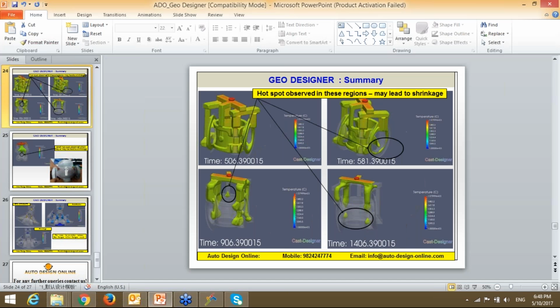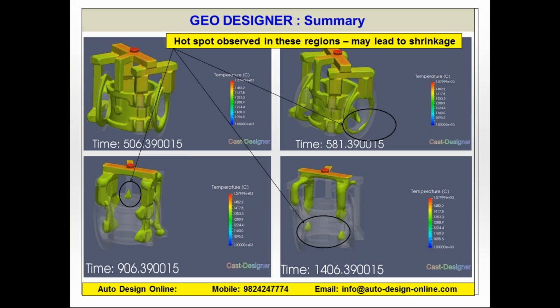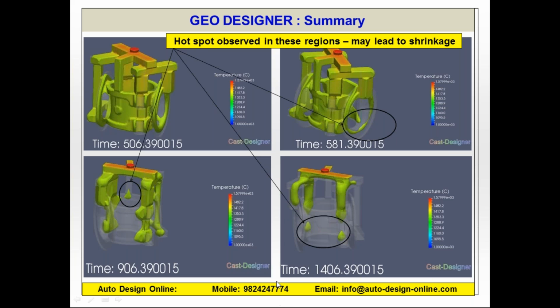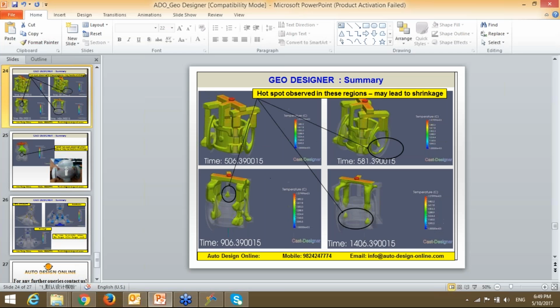So if we go to the result of the simulation, in this case, you can see this is where the solidification has been observed, and these are the locations where hotspots were observed. Now, if you compare these locations with the geodesigner, they are exactly the same locations where it is indicating this higher mass.